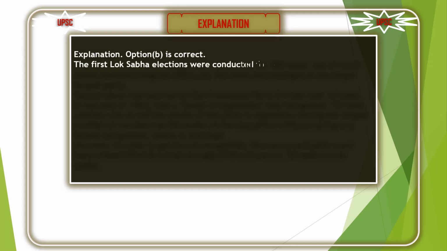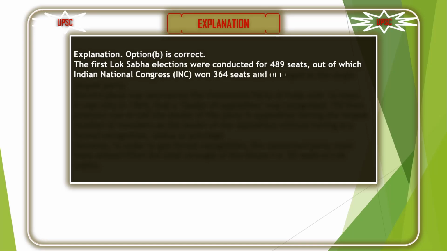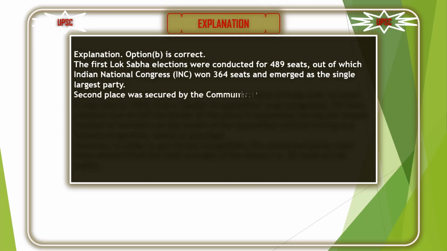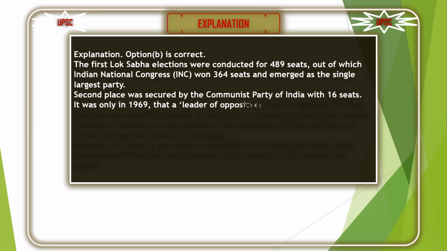Explanation. Option B is correct. The first Lok Sabha elections were conducted for 489 seats, out of which the Indian National Congress won 364 seats and emerged as the single largest party. Second place was secured by the Communist Party of India with 16 seats. It was only in 1969 that a leader of the opposition was recognized.